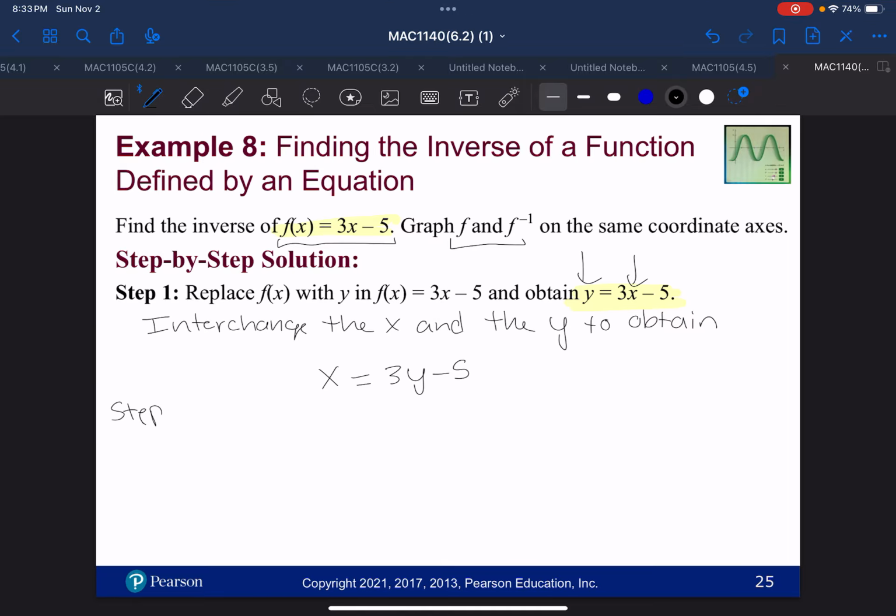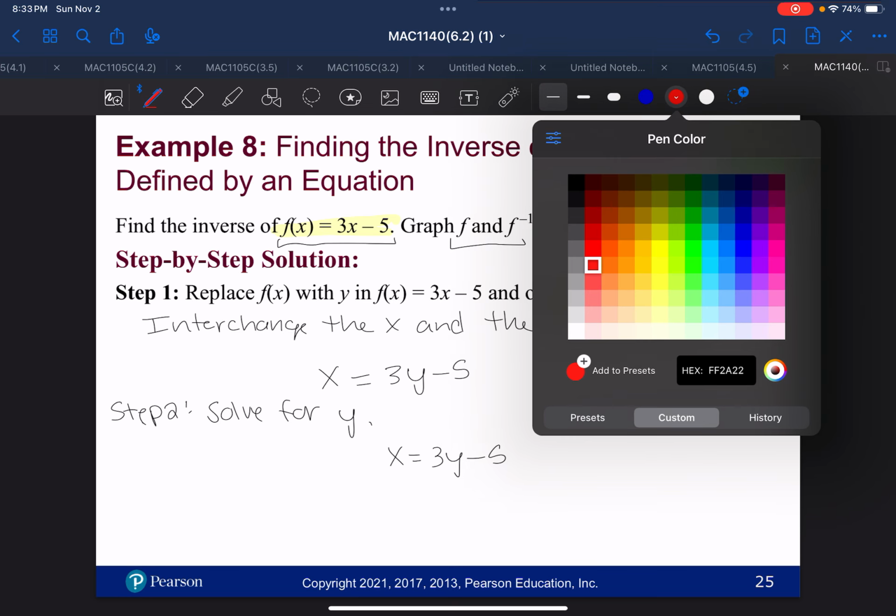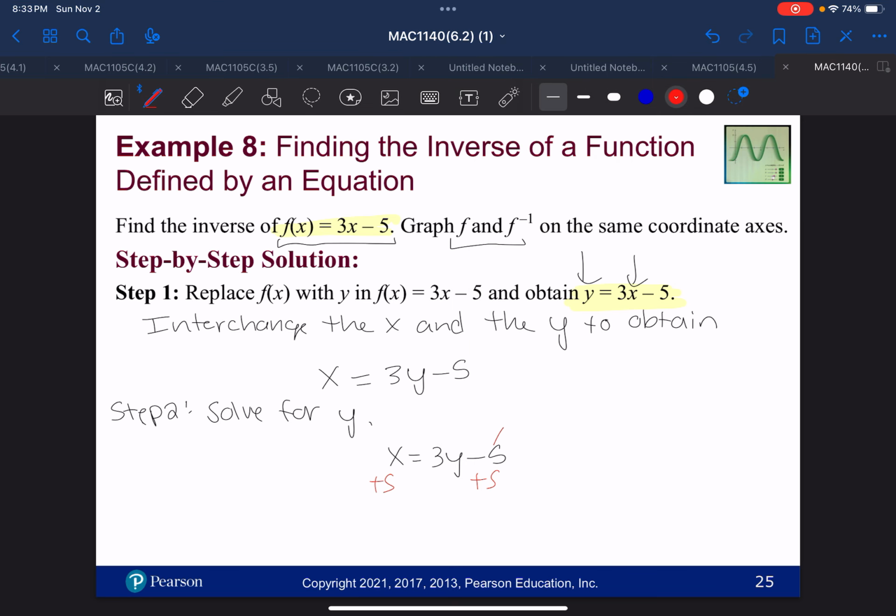Step 2 is to solve for y. So I have this equation, and now I am going to add 5 over to cancel it.